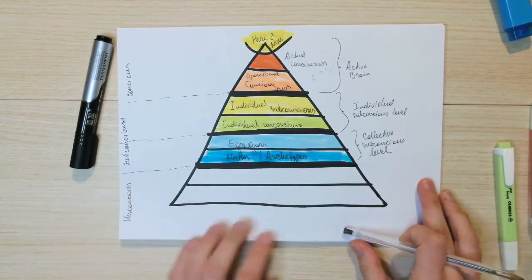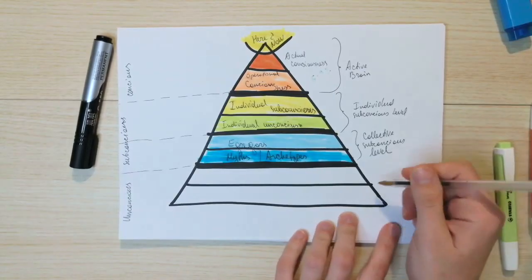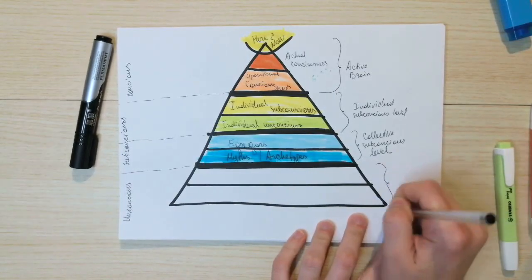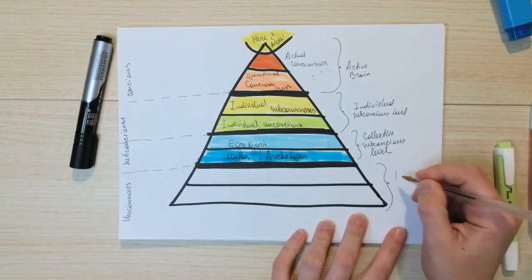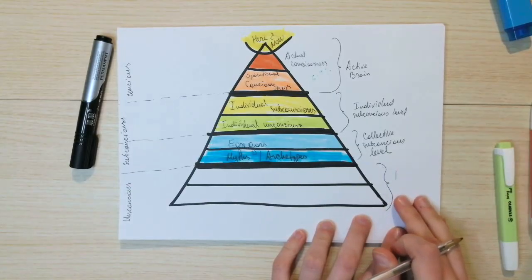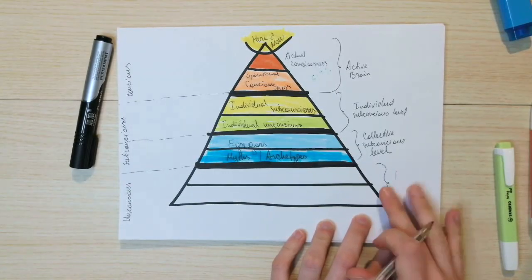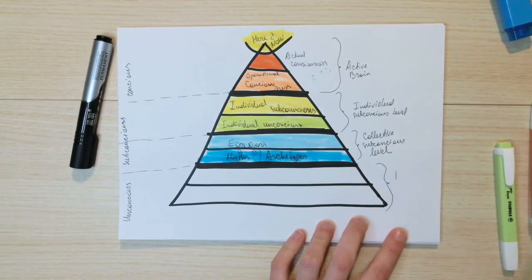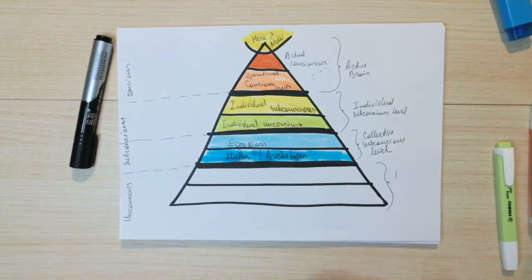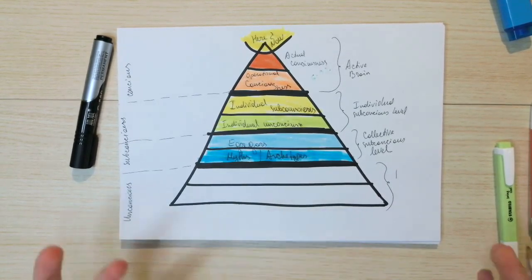Okay, so this also represents the level of self. As I was saying, a lot of these terms, a lot of these ideas, you could find in the Carl Jung theory, but not only.